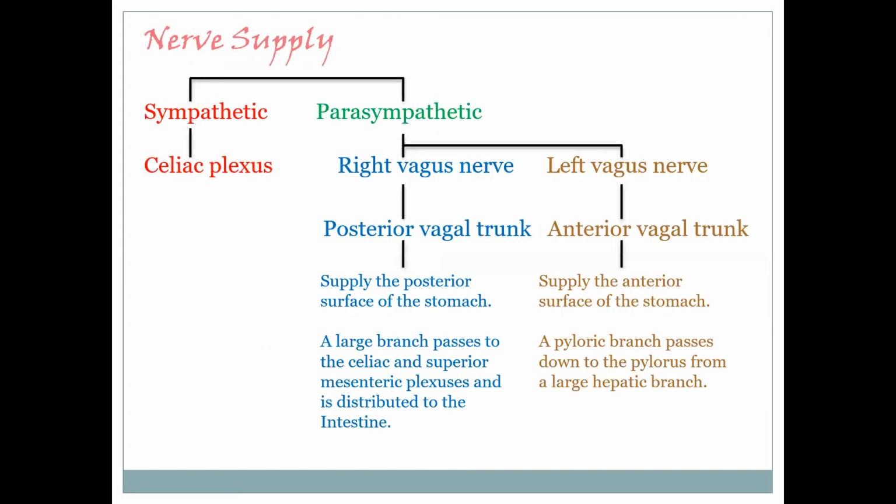The nerve supply of the stomach can be divided into sympathetic and parasympathetic. The sympathetic supply comes from the celiac plexus, and the parasympathetic supply comes from the right vagus nerve and the left vagus nerve.